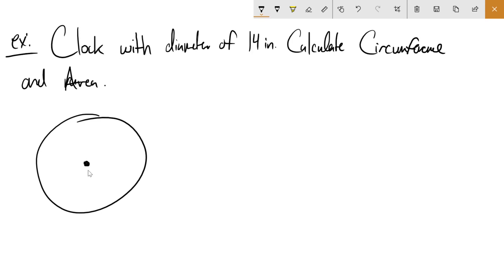So a diameter, you have to pay attention to whether or not you're given a diameter or a circumference. Okay? So diameter is a full width across. Now the nice thing though is that if you know the diameter, you also know the radius and vice versa.